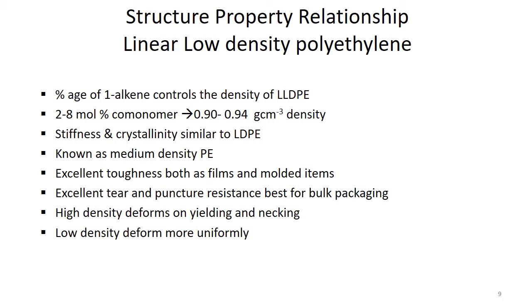Because this is flexible, we can change the percentage of comonomer. These are also known as medium density polyethylenes because their properties are adjustable and lie between low density and high density polyethylenes.